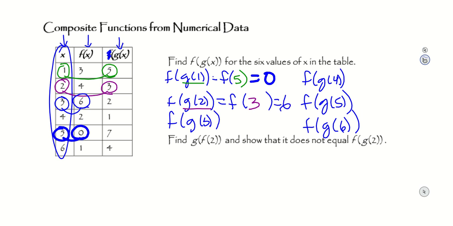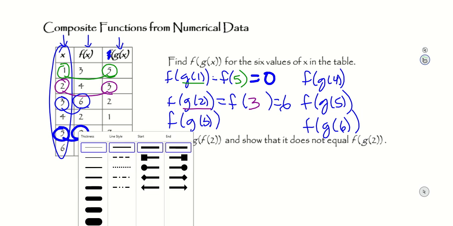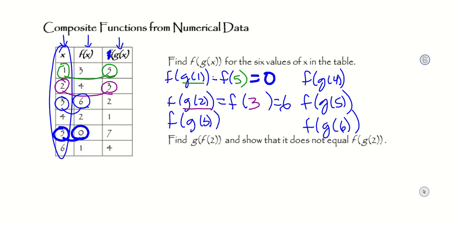So let's run through a few more. All right, I want to find f of g of 3. So 3, right, gives me 2, so that is f of 2.